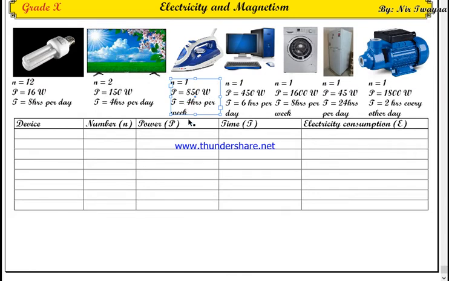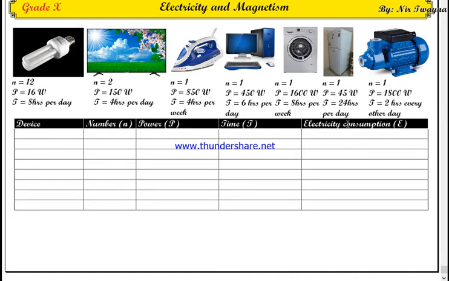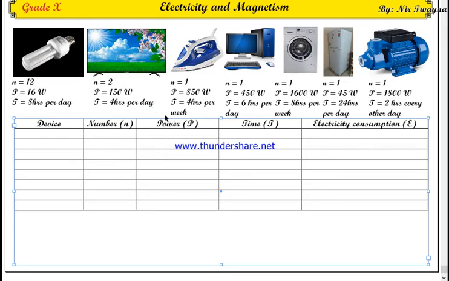They consume it for 4 hours per week. Notice here, 4 hours per week. It's not per day. Sometimes they might use it for 1 hour, sometimes 2 hours, or sometimes only half an hour. That way per week they use it for 4 hours.